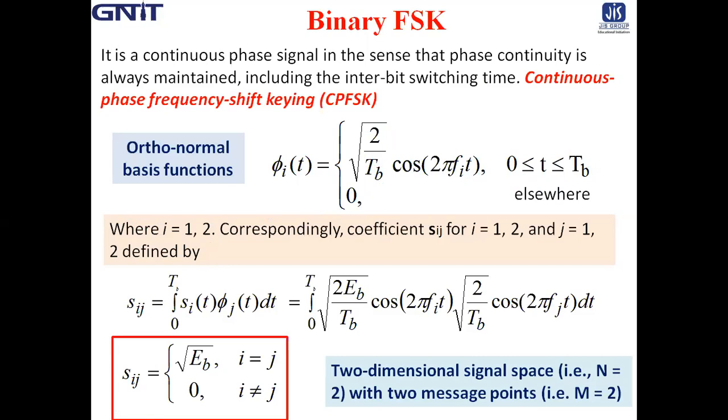Correspondingly, the coefficient sij for i equal to 1 to 2 and j equal to 1 to 2 is defined by sij equal to integral 0 to Tb si(t) phi j(t) dt, which is integral 0 to Tb square root of 2Eb by Tb cos 2 pi fi t into square root of 2 by Tb cos 2 pi fj t dt.